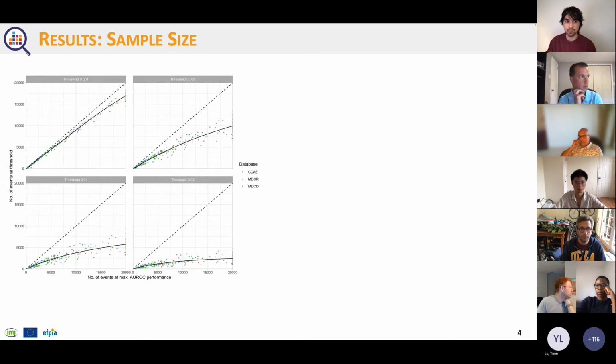Again, I can just give an example. From here on the bottom left, let's say you are willing to sacrifice 0.01 points AUC, then you might be able to achieve a reduction of your sample size from around 15,000 events to about 5,000 events. And this is, of course, in absolute numbers.